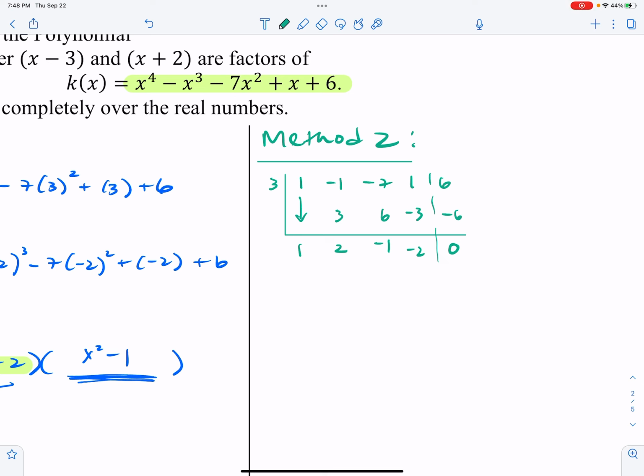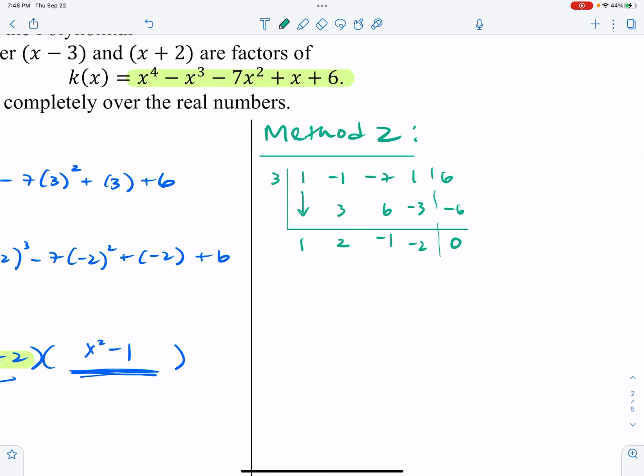So we also want to see if x plus 2 is a factor. So then I'm just going to draw my little box here for synthetic division. I'm going to put negative 2 here, bring the 1 down. 1 times negative 2 is negative 2, add straight down. And 2. And then sure enough, we get the x squared minus 1.